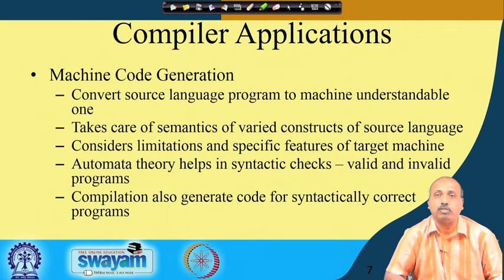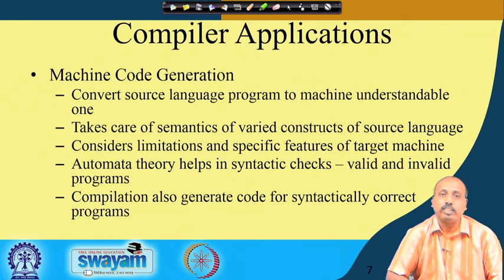How is this actually done, whereas the basic theory of automata allows us to classify programs only into two classes, valid program and invalid program? It does not give us a hint on where exactly it went wrong. So it is the compiler designer's responsibility to see that enough information is given back to the programmer to indicate where exactly the program went wrong and what the action should be.